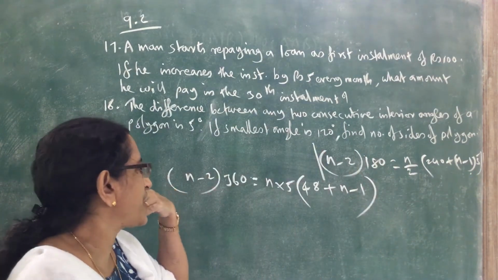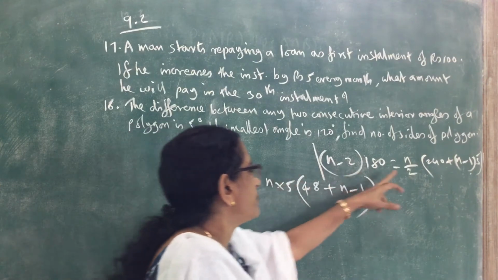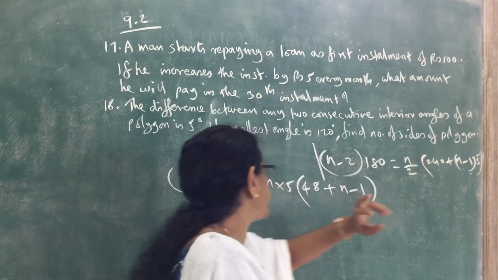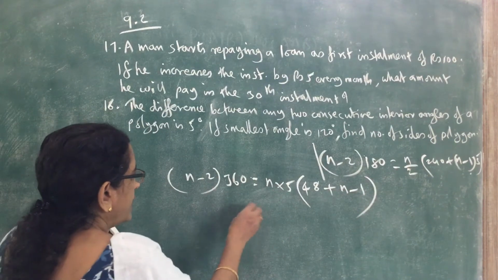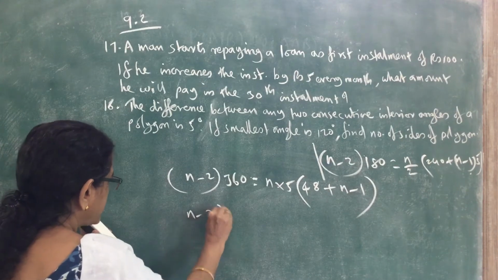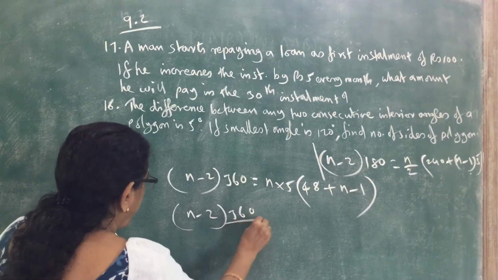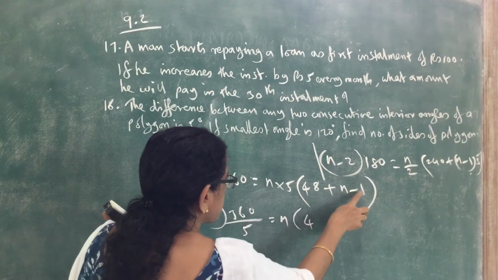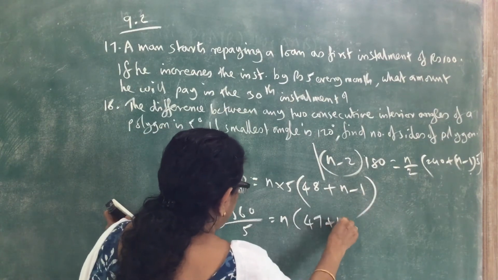Then the 5 can be cancelled on this side. So n minus 2 into 360 divided by 5 equals n into 47 plus n.